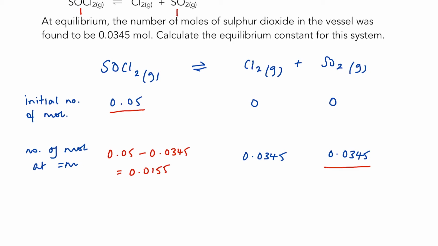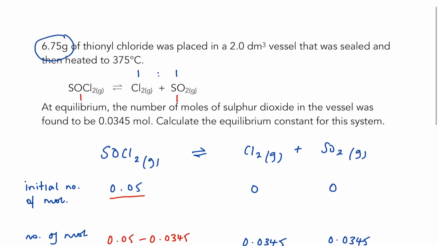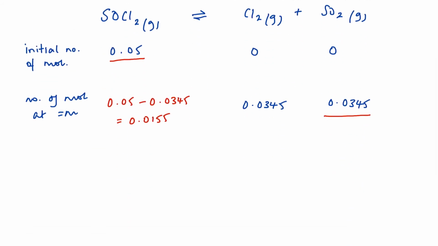These are the number of moles, so the next step is to work out the concentration of each of them, and concentration equals moles divided by volume. We know the total volume of the vessel, it's already in decimeters, so we just need to divide each of these by 2 to work out the concentration. So we're going to divide each by 2. So our, what are we going to call this?